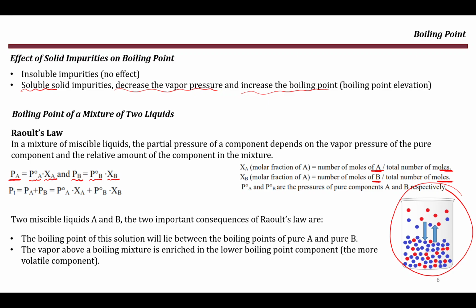The boiling point of the solution will lie between the boiling point of pure A and pure B, and the vapor above a mixture is usually enriched with the compound with the lower boiling point. So the compound with the lower boiling point will exist in a higher amount in the vapor state, whereas the compound with the lower vapor pressure or higher boiling point will exist in a smaller amount.